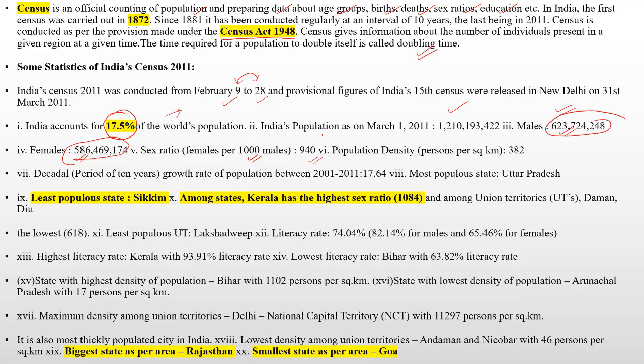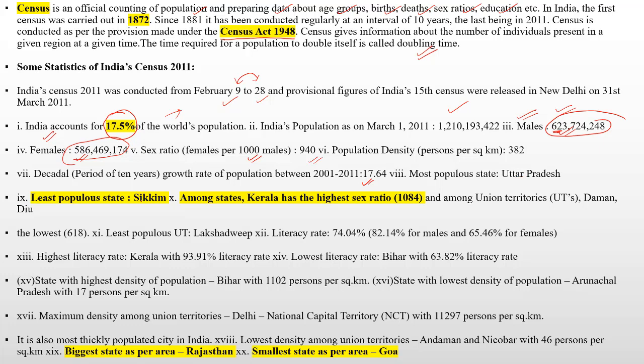Population density per square kilometer is 382. The decadal growth rate of population between 2001 and 2011 is 17.64.